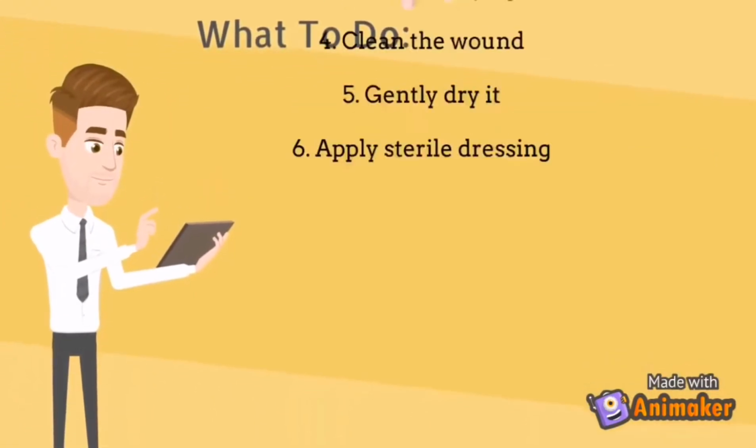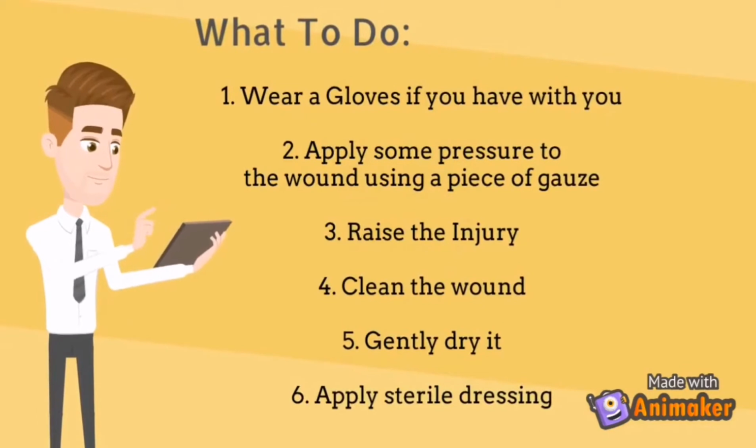First, wear a glove if you have one with you. Second, apply some pressure to the wound using a piece of gauze. Third, raise the injury. Fourth, clean the wound. Fifth, gently dry it. And lastly, apply sterile dressing.